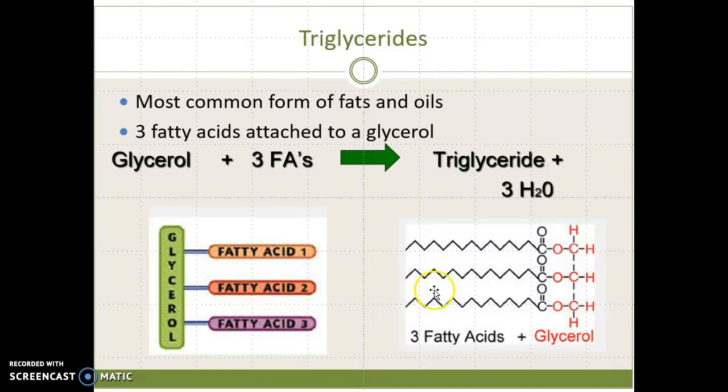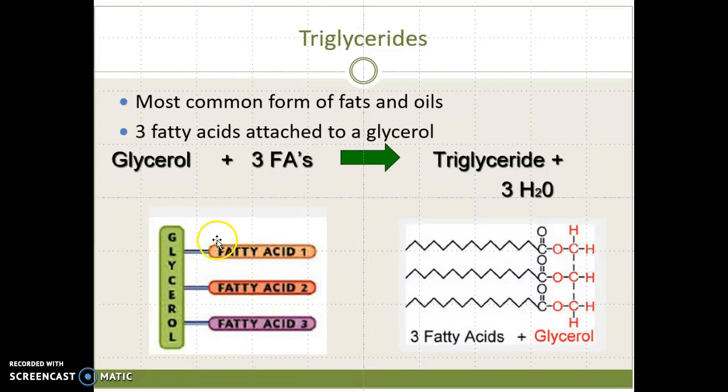Or if you see it in a structural diagram, each of these would be a carbon molecule attached. So it's a long carbon chain. It's a hydrocarbon, hydrogen and carbon attached in a long chain and then attached to the glycerol. So that is a triglyceride, or a monoglycerol would be just taking off 2 of those, or a diglycerol would be taking off 1 of those.